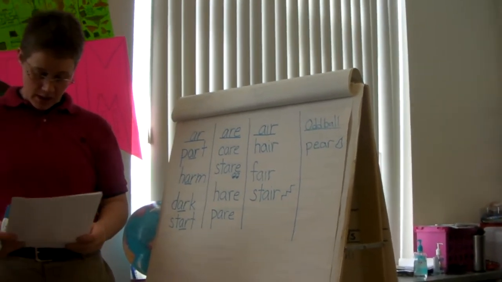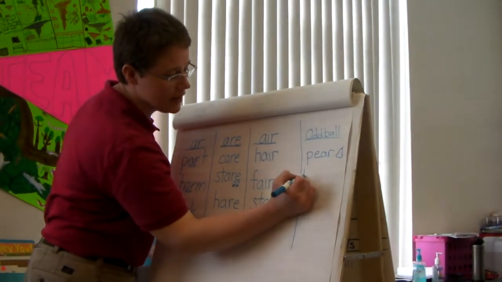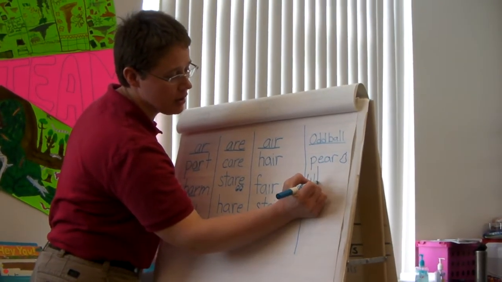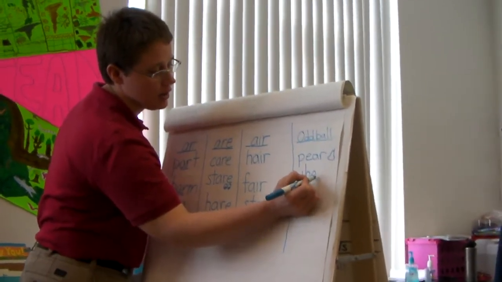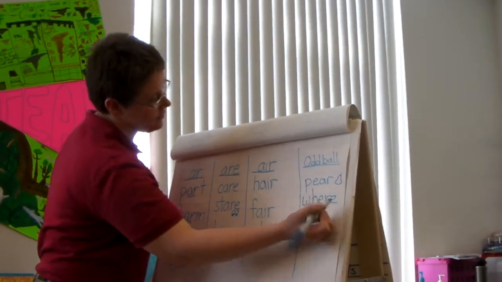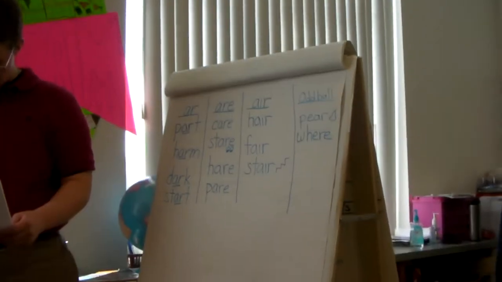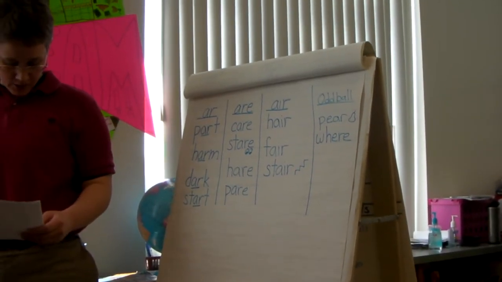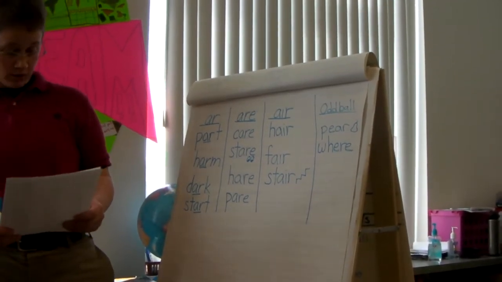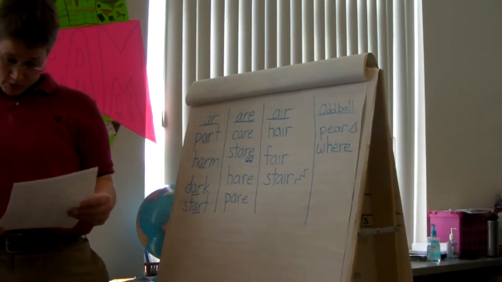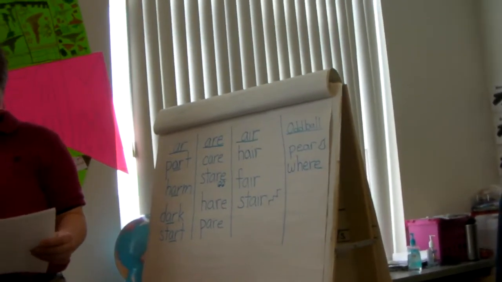We have the word where. This is a word that you guys should know how to spell. W-H-E-R-E. It's not a pattern, but you should know how to spell it. And what else do we have in here that's kind of weird? I think that looks like it for that.